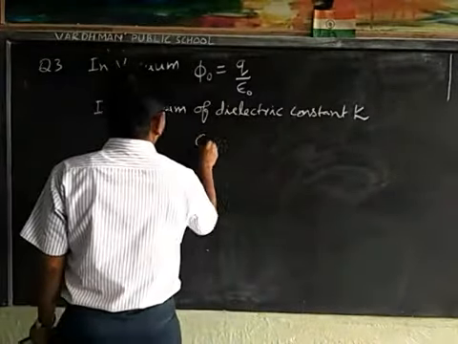Our next question is: two charges of magnitude minus 2 q and plus q are located at points A0 and 4A0. First we draw the diagram.